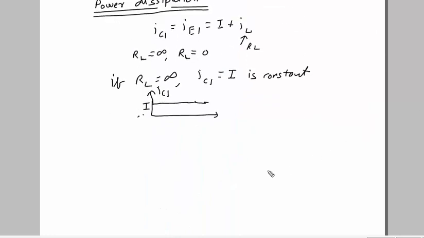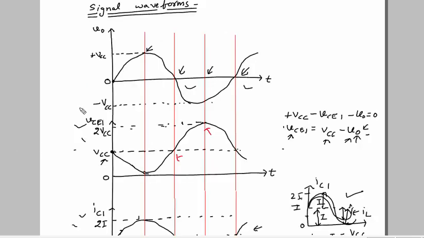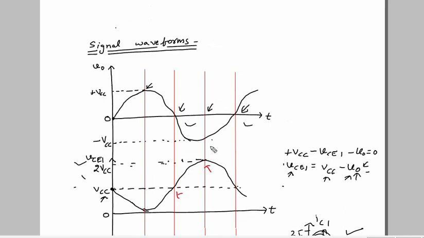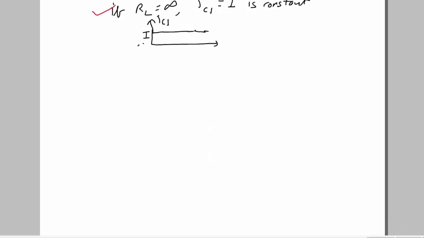Based on this, I'll start from here again. If RL equals infinite, then IC1 equals I, and this is constant, and the instantaneous power dissipation in Q1 will depend on the instantaneous value of V0. The maximum power dissipation will occur when V0 equals minus VCC. That's what we got here, as in this case VCE1 equals 2 VCC.